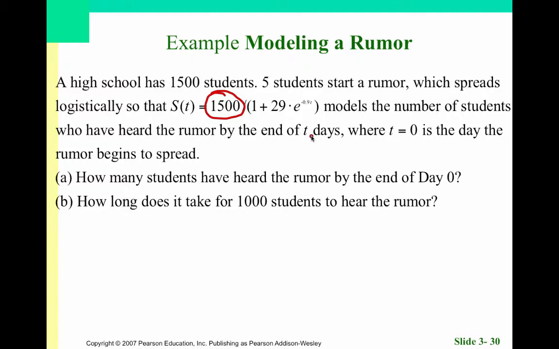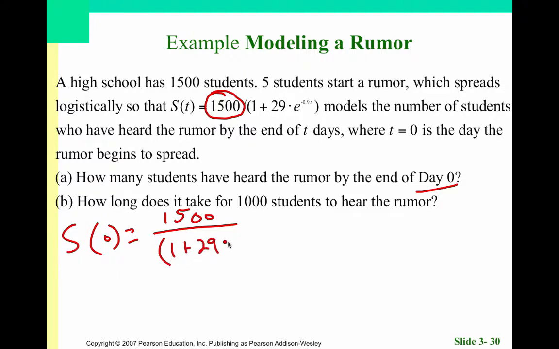So they start the rumor at the end of day 1, time equals 0 is the day that the rumor spread. So at the end of day 0, S of 0 is equal to 1,500 divided by 1 plus 29 e to the negative 0.9 times 0.